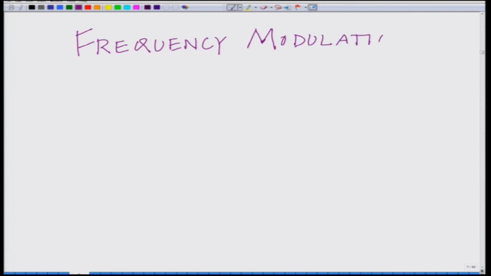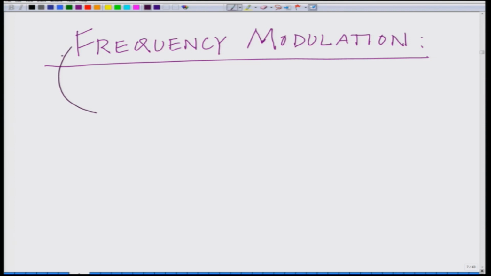So, what we want to start looking at is frequency modulation, that is FM, frequency modulation with a sinusoidal modulating signal.